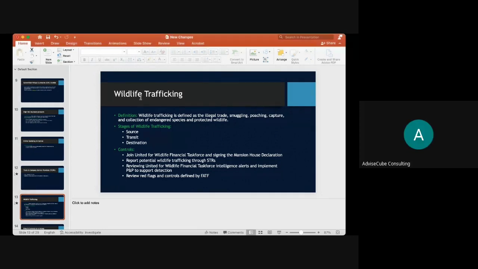Okay, so they have added this new section that explains the stages of wildlife trafficking, and they have also mentioned a task force, they call it United for Wildlife Financial Task Force, and there's an agreement that they do with the authority, and there is a proper STR that they want raised in case they identify any wildlife crime.